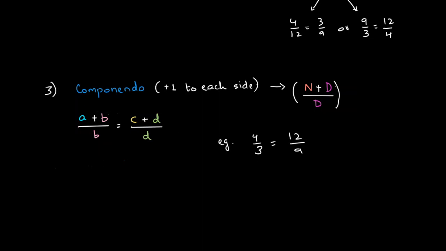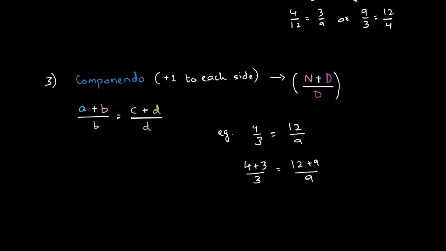Remember, numerator plus denominator upon denominator, so 4 plus 3 upon 3 is equal to 12 plus 9 upon 9. Basically adding 1 to both the sides and solving by taking the LCM. That's what we end up with, right?